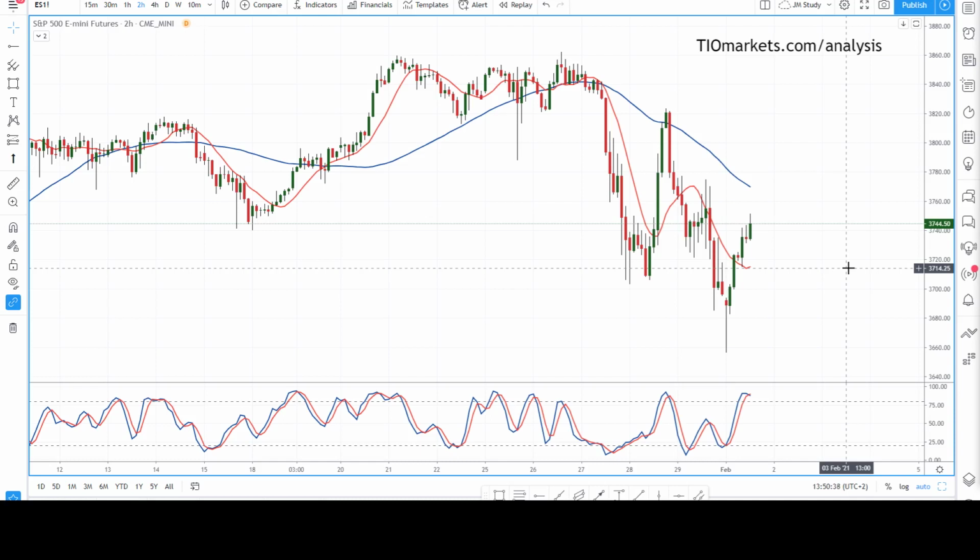What happened last week plays a role in what we are seeing at the moment. If you go to TIOmarkets.com/analysis, you can see that we talked about how the markets were moving into defensive stocks.